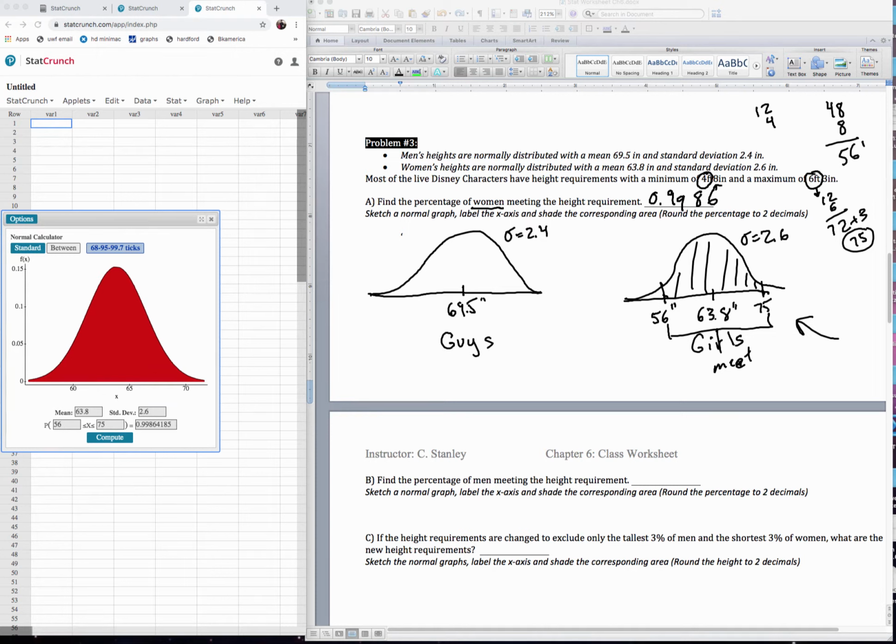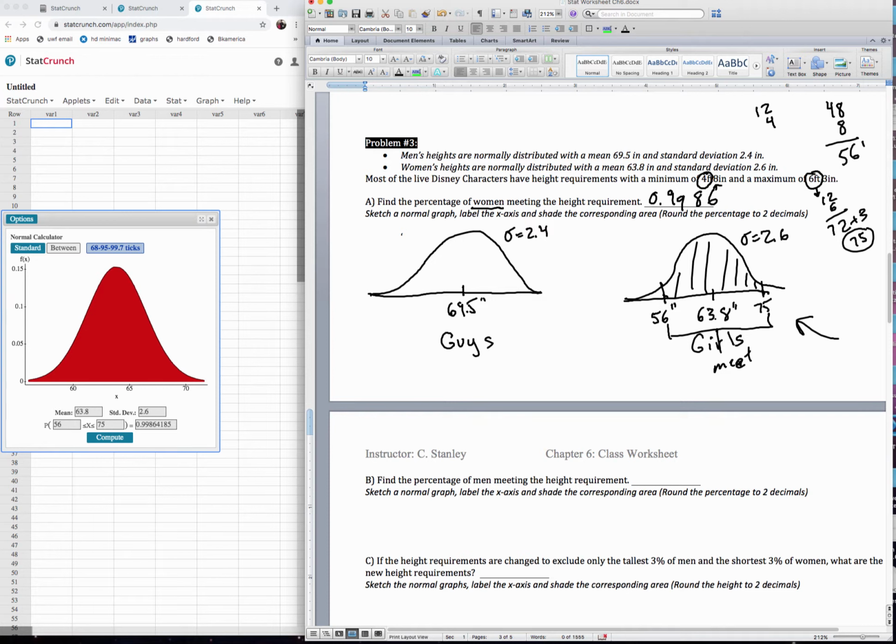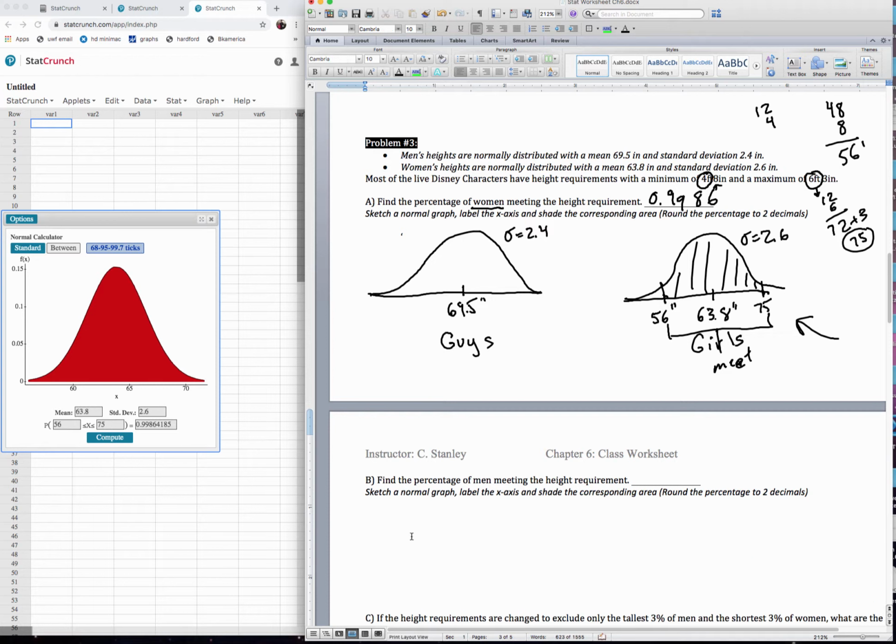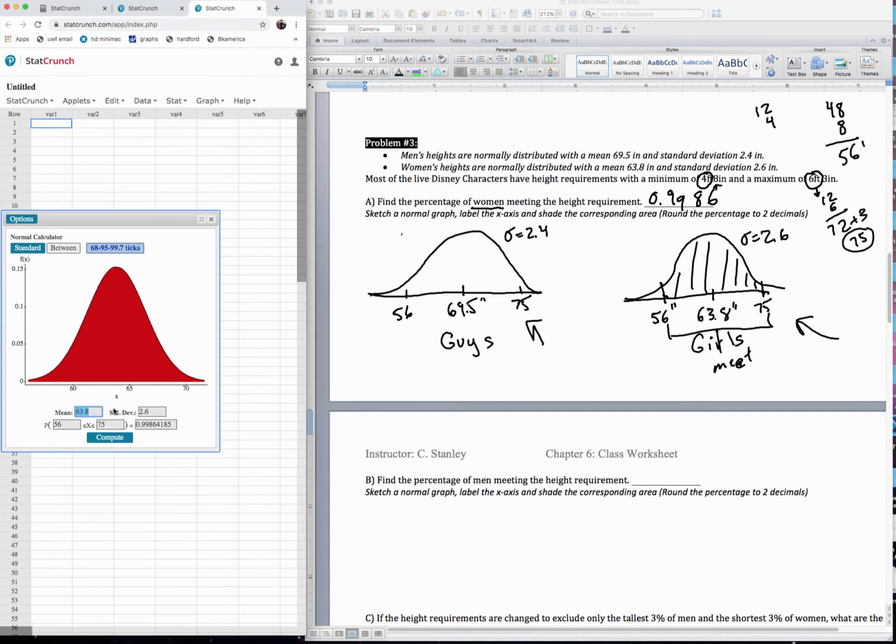Now, let's do this one right here. Okay, so it's the same question, but it's for males. So now I'm just going to do the same thing over here, 56 to 75. All I have to do is change the mean and standard deviation, because they're asking for the guys.